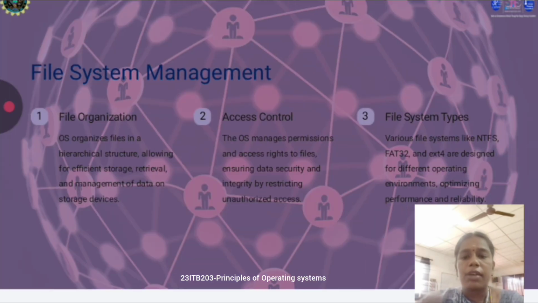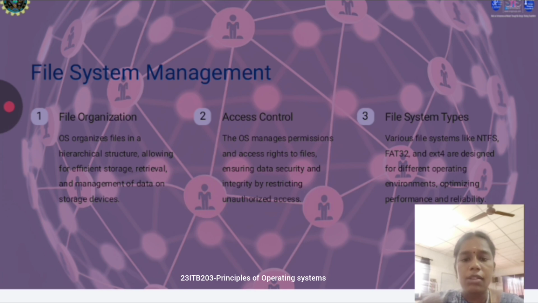Next one will be the file system management. In file system management, we have file organization, access control, and file system types. First one, file organization. In file organization, we have the hierarchical structure. It allows the efficient storage, retrieval, and management of the data on the storage devices. Second one, access control.